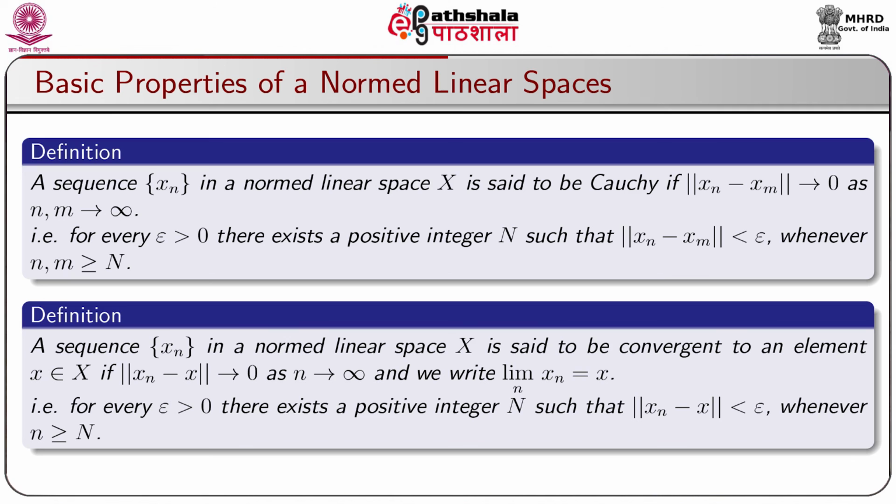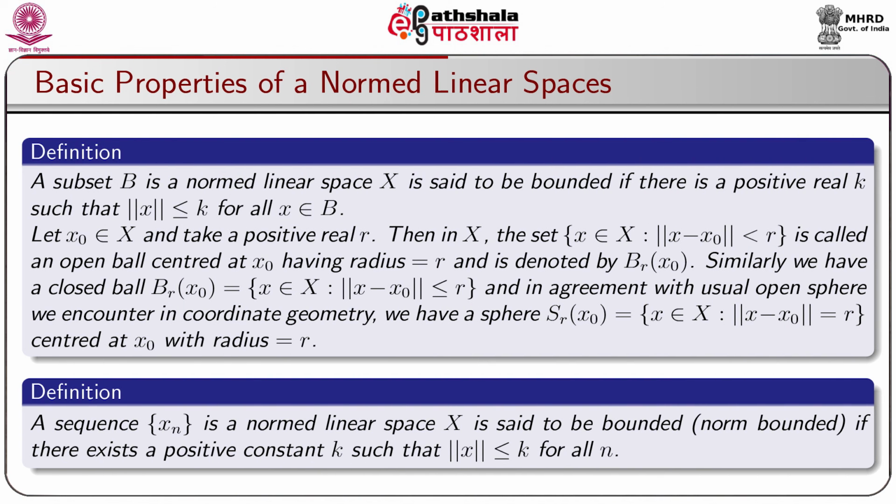That means, for every epsilon greater than 0, there exists a positive integer N such that norm of xn minus x is less than epsilon whenever n is greater than or equal to N. This concept is applicable in a normed linear space whenever a sequence xn is said to be convergent to an element of that space.